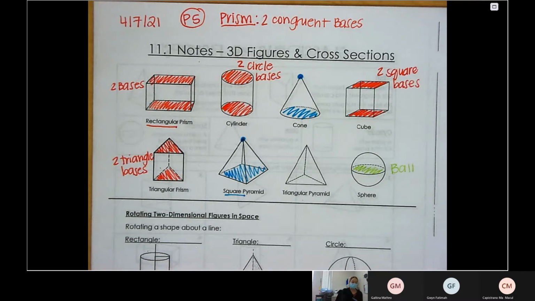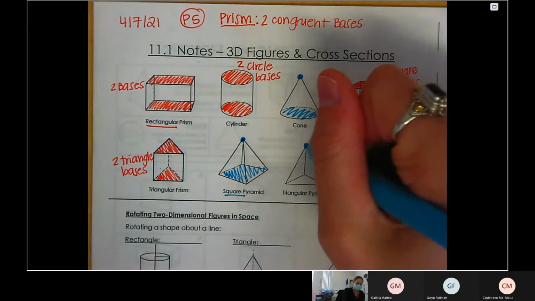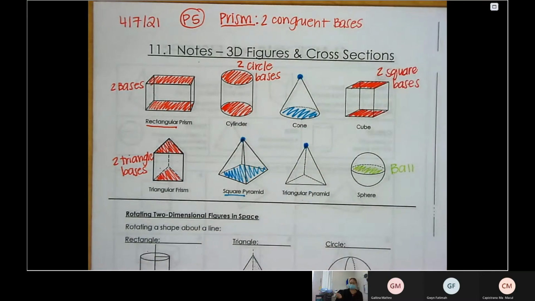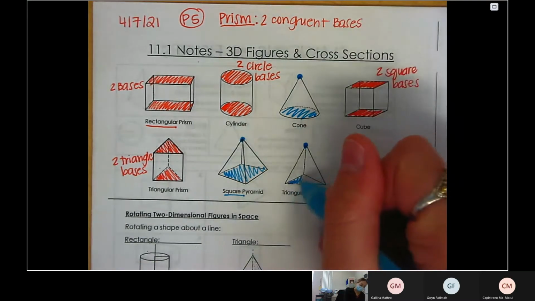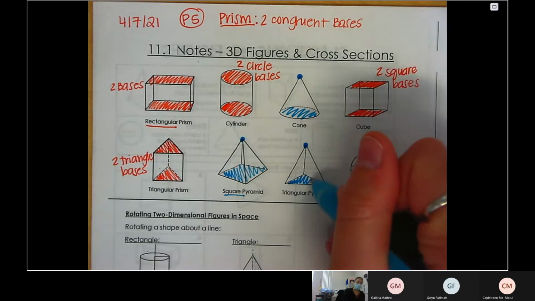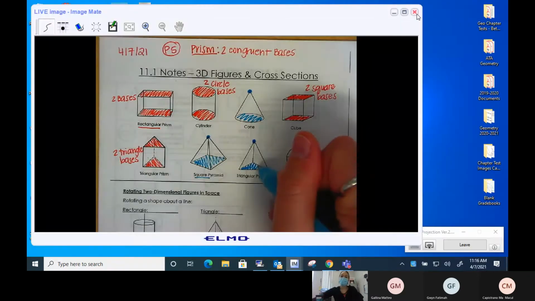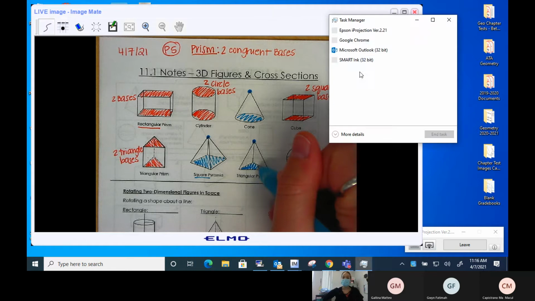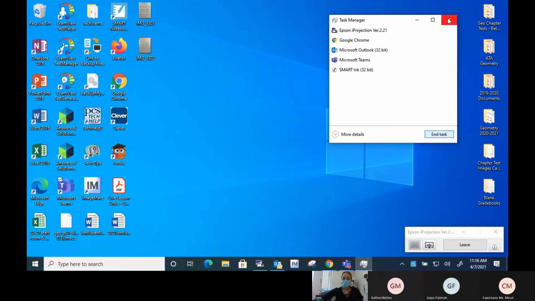Last one's a triangular pyramid. Again, comes to a point. And what's the shape of the base? A triangle. Good. So, oh, dang it, it just froze. Okay, so at the top, where we put prism has congruent bases, we're also going to write the word pyramid. So just give me a second while I test.